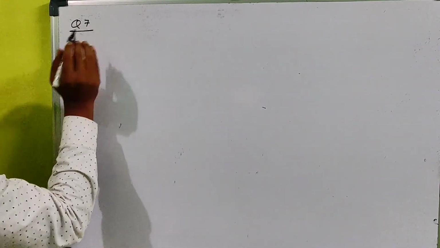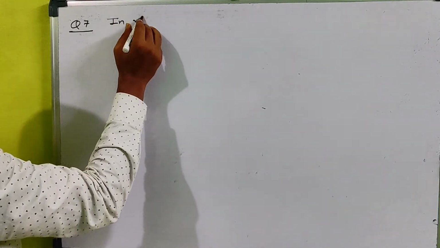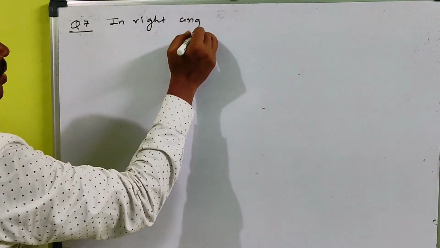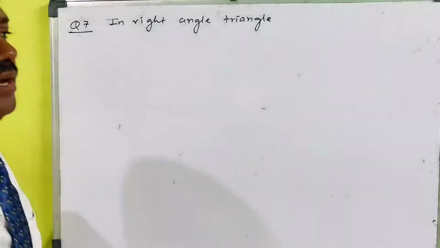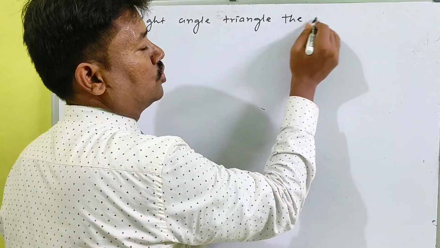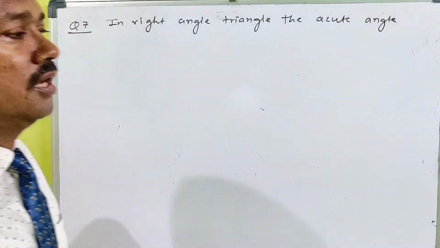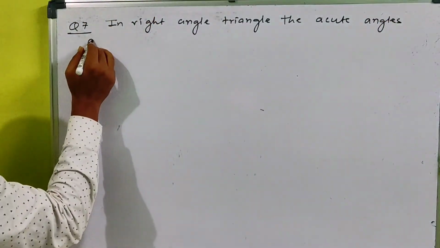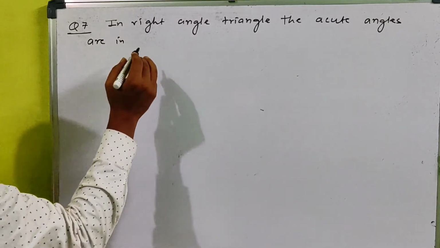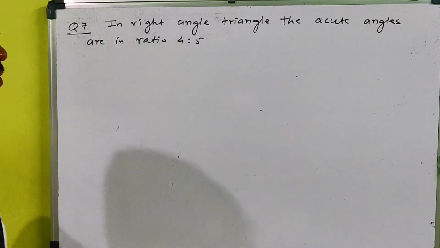Question number 7. In a right angle triangle, the acute angles are in the ratio 4:5.